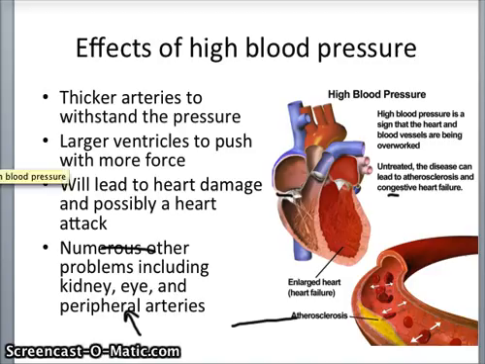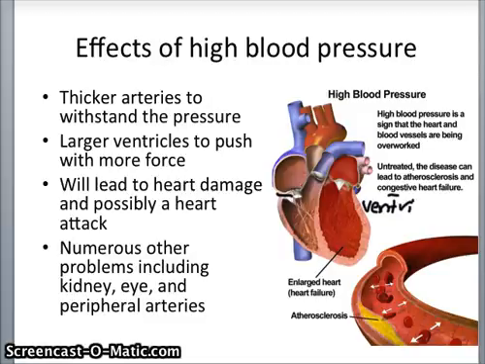Alright, so the effects of high blood pressure is you can have an enlarged heart. That's called ventricular hypertrophy. So ventricular, because the ventricles are the ones that pump out, so those are the ones that are going to withstand the most pressure here, specifically the left ventricle, because that is the one going out the aorta to the body. So that one has to pump the most.